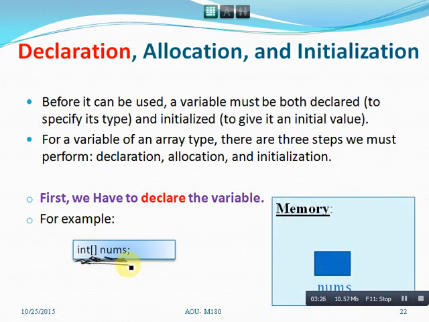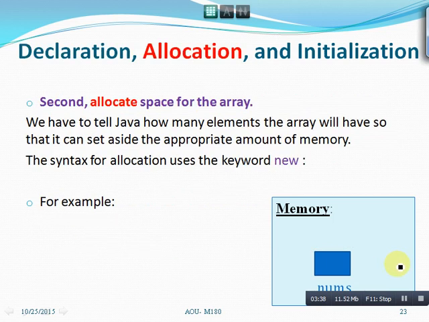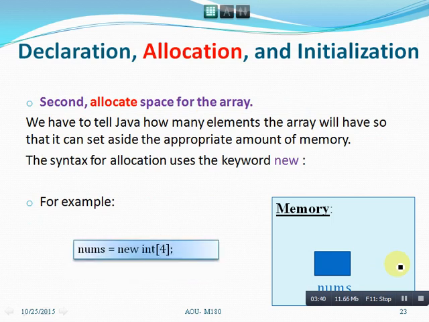For this you will get an array called num in memory, but it has no elements, so it will be referring to null. Now to give elements to the array, we need to allocate the space for the array with the help of the new operator.